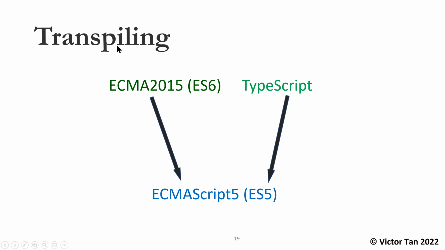Okay, transpiling, on the other hand, is changing from one high-level language into another high-level language. So compiling is from a high-level language into a binary executable, which you can directly run on your operating system, whereas transpiling is from one high-level language into another high-level language.